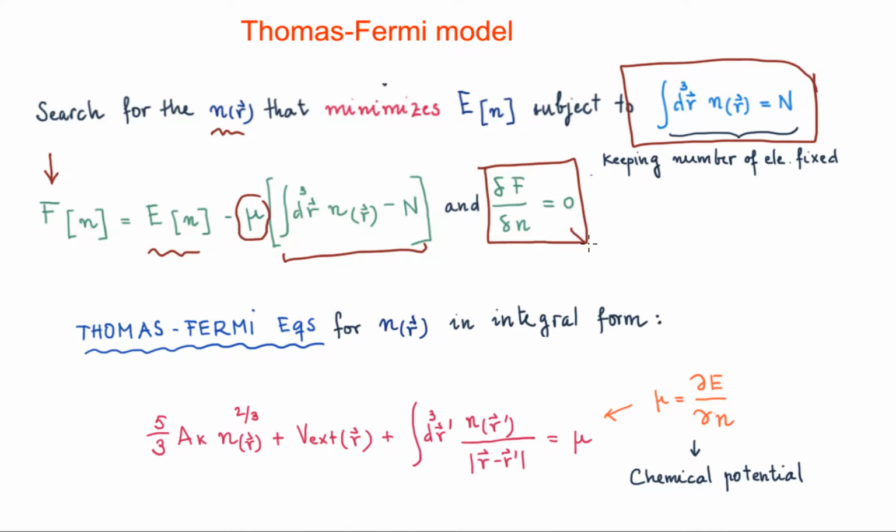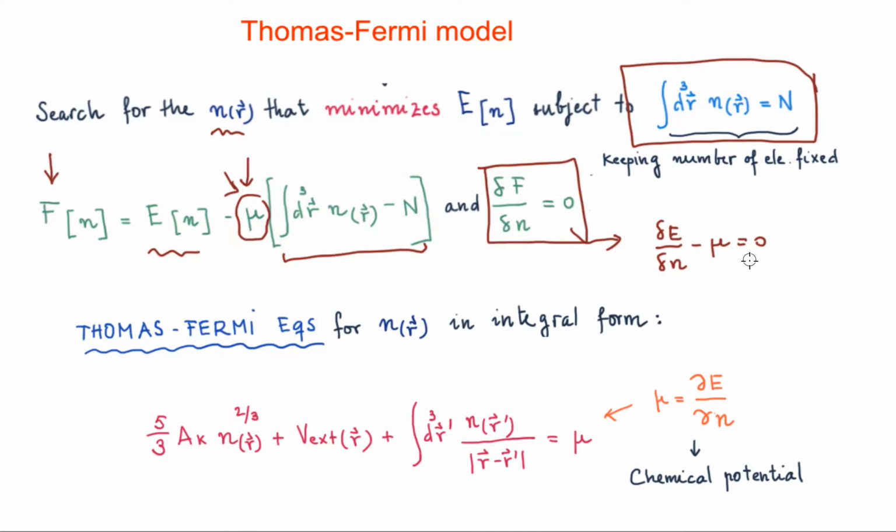And actually, when we are doing that, we can find a physical interpretation for this Lagrange multiplier mu, because F has basically two terms, so the functional derivative of F with respect to n is the functional derivative of E, the energy, with respect to n, minus mu times the functional derivative of this term with respect to n, which is basically 1. So that has to be 0.